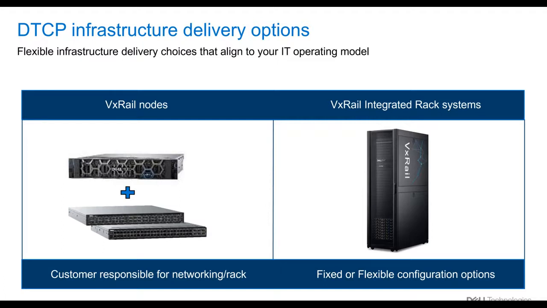However, we've had a lot of demand over the past 12 to 18 months where customers want something even more turnkey. They would like to have their VxRail systems delivered in a fully racked and stacked rack as part of the factory services that also includes networking. They want all of that pre-configured and shipped in a rack to their data centers so that it's easy to plug in and begin using that infrastructure.